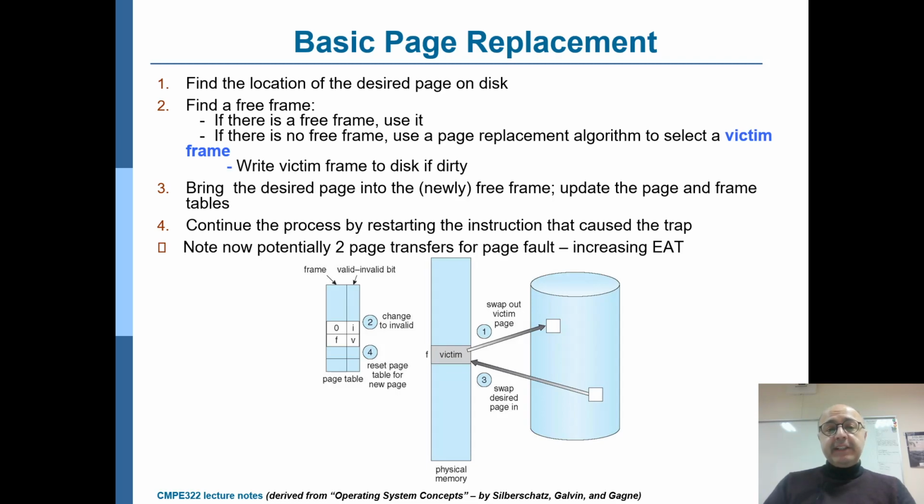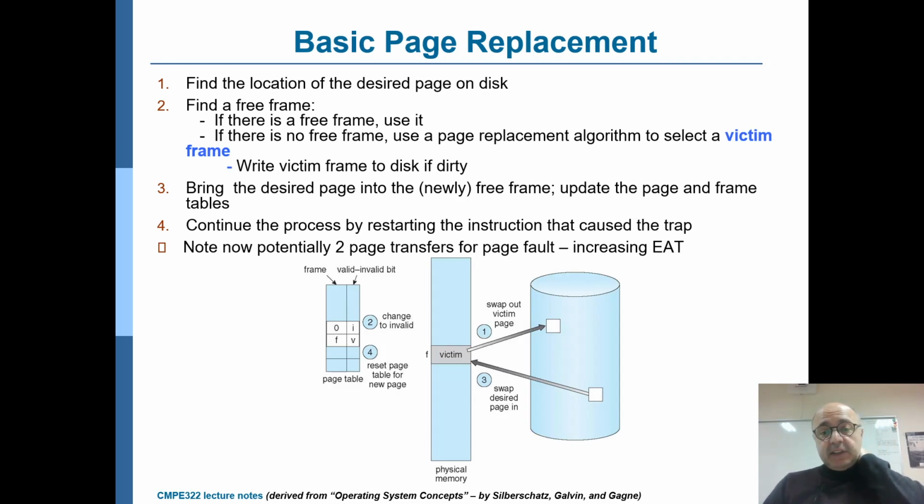But if you cannot find a free frame, then you search for a victim frame, and that victim frame is written to the backing store if it's dirty. If not, you just discard that victim frame and bring the page in the backing store in place of the victim frame.